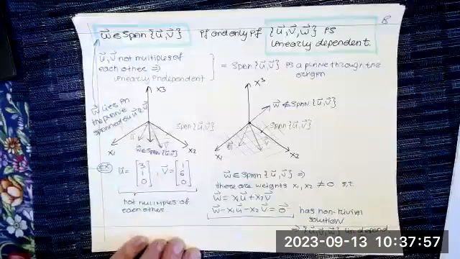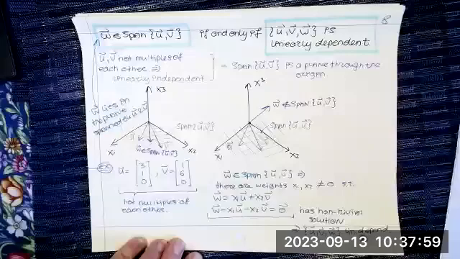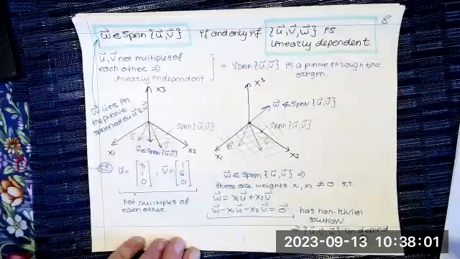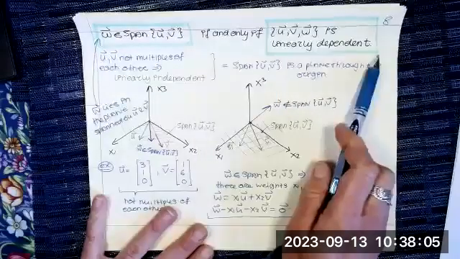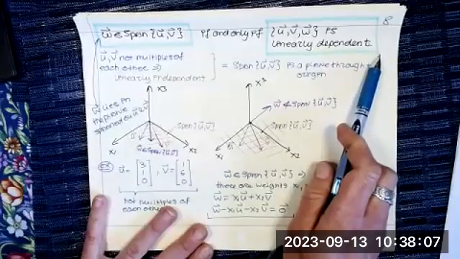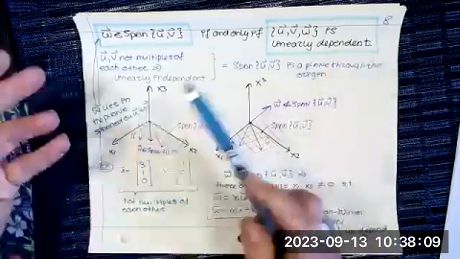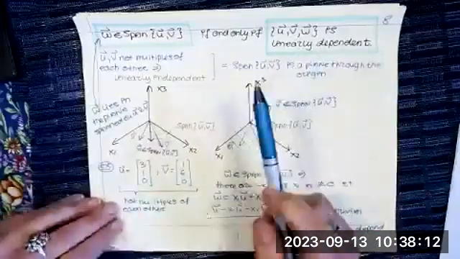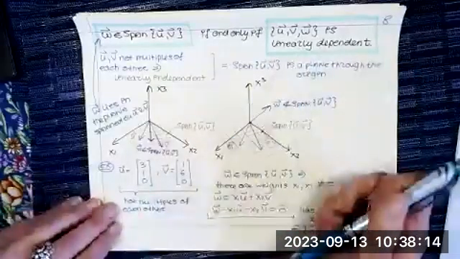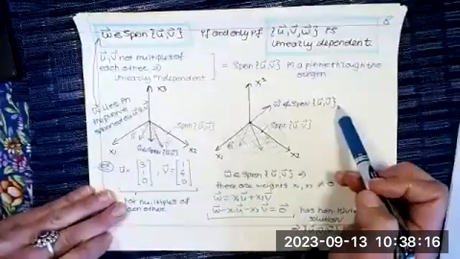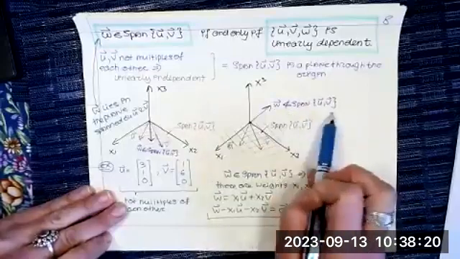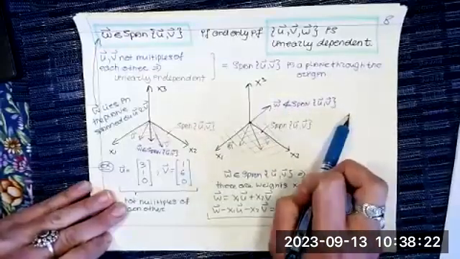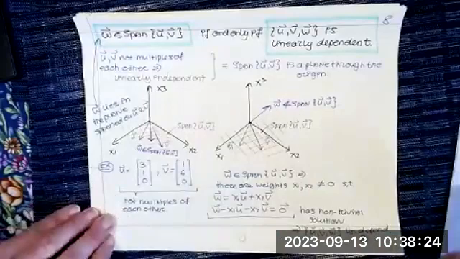That makes sense? I'm going in the other direction too, right? If this is linearly dependent, then I have a non-trivial solution and I can express one vector in terms of the others. But you can also look at the case where W is not in the span of U and V, that means that W cannot be represented by a linear combination of U and V. That makes sense, guys?